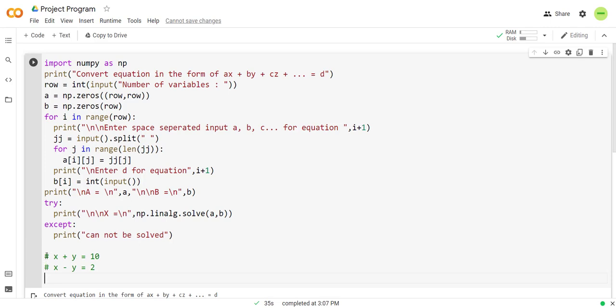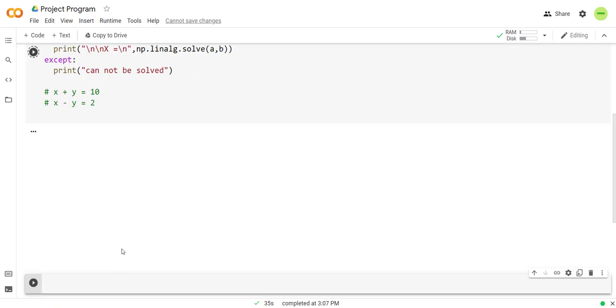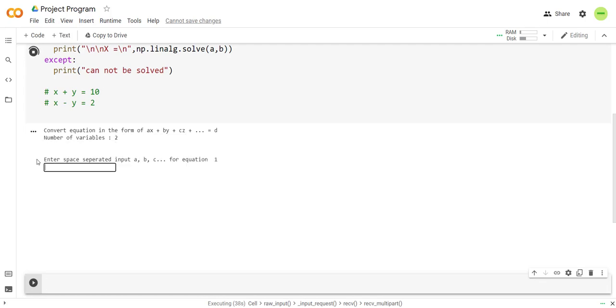Suppose we have to solve the equation x + y = 10 and x - y = 2. Then let's run this program by pressing shift plus enter, and it is asking for number of variables. There are x and y, so there are two variables. We have equation in form ax + by = d.